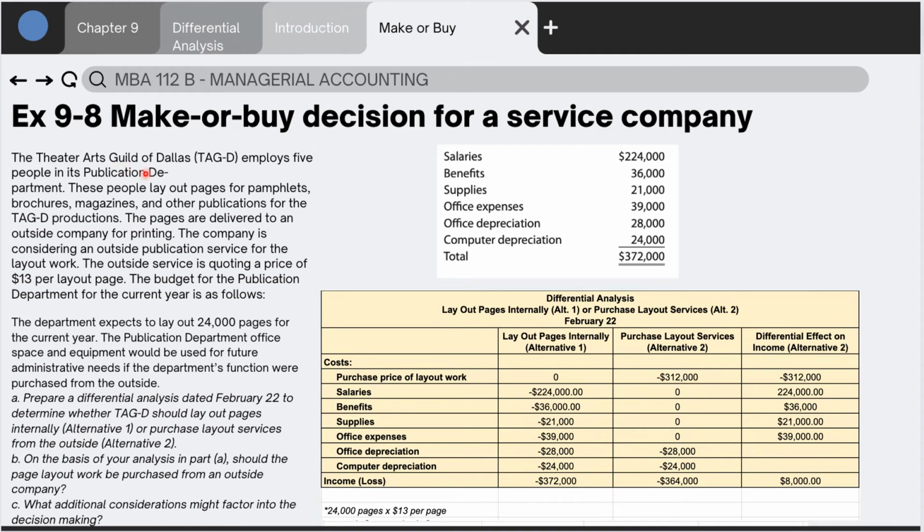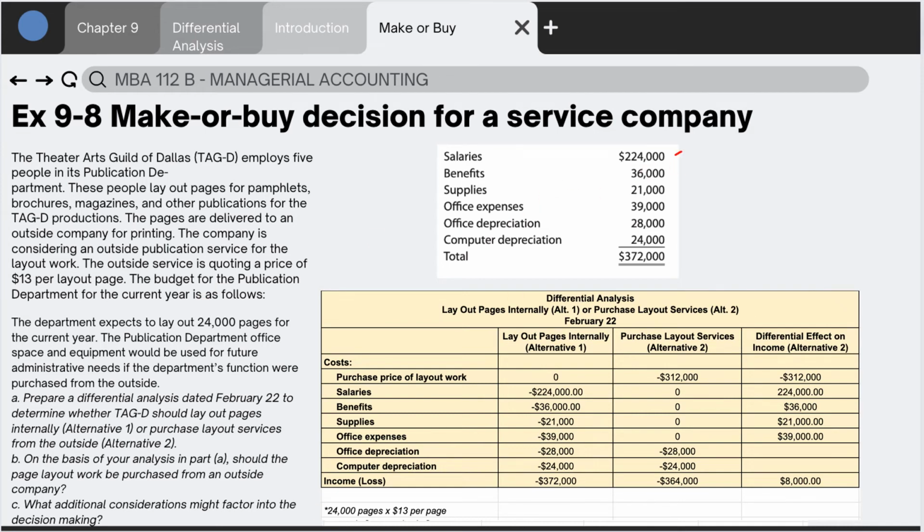Theater Arts Guild of Dallas, or TAG D, employs 5 people in its publication department, and they lay out pages for pamphlets, brochures, magazines, and other publications for the TAG D productions. Now, the company is considering an outside publication service for the layout work with a price quote of $13 per layout page. If they are going to consider the budget for the year, this is what we have.